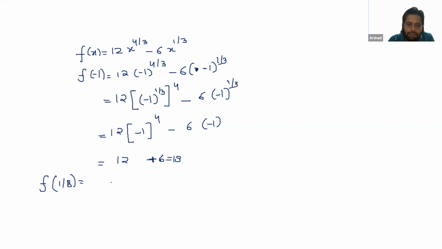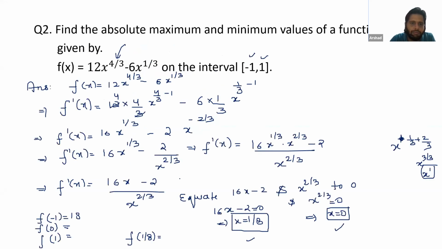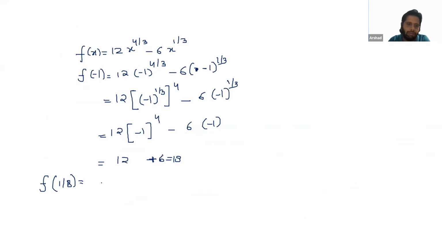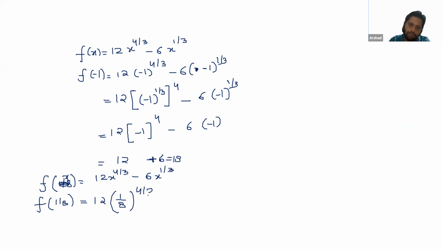Abdur and Fahd, is it done? So let me complete this. f(x) is 12x to the power 4 by 3 minus 6x to the power 1 by 3. Put x equal to 1 by 8. So you will get 12 into (1 by 8) to the power 4 by 3 minus 6 into (1 by 8) to the power 1 by 3.